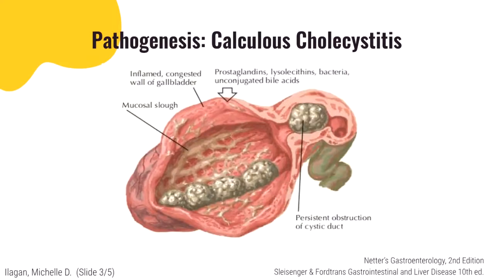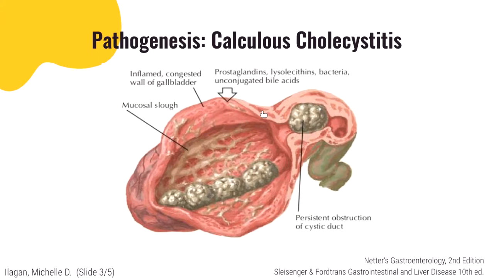For the pathogenesis of the calculus cholecystitis, this is the gallstone obstructing the cystic duct, and these are the mucosal sloughing and the inflamed and congested wall of the gallbladder. Acute calculus cholecystitis is the most common complication of gallstone disease.